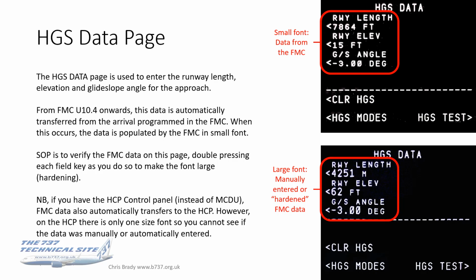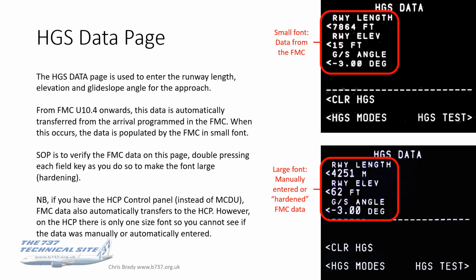If you've either manually entered the data, or you've hardened each field by double pressing each key, then they will show up in large font. And of course, it's good practice to go through this as a crew before shooting the approach, just to confirm that the data is correct from the FMC.